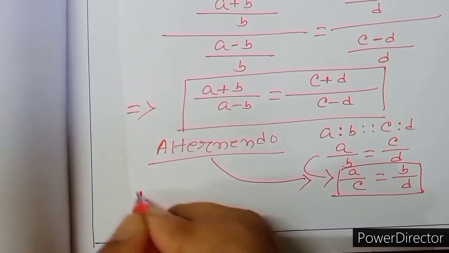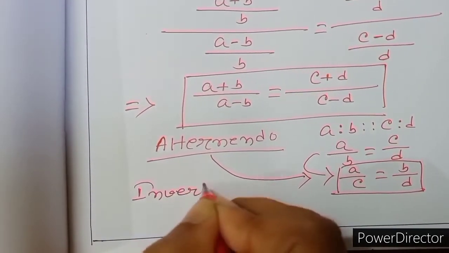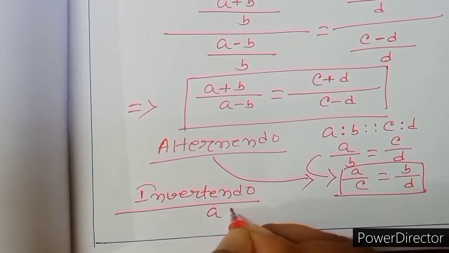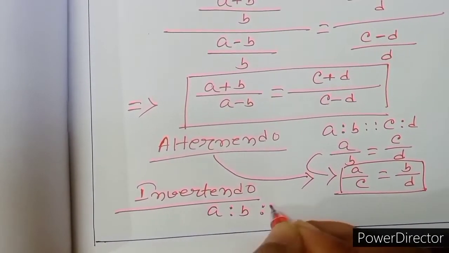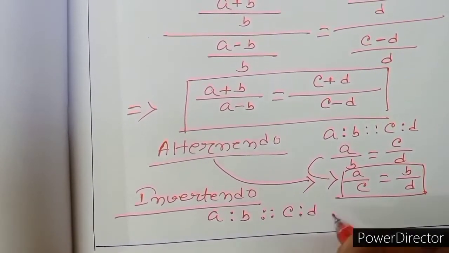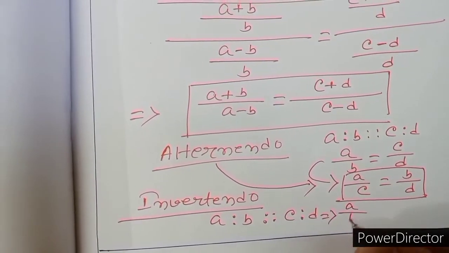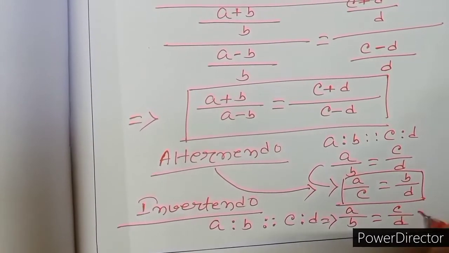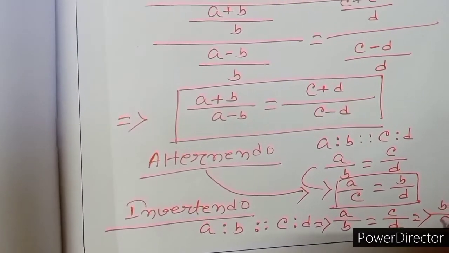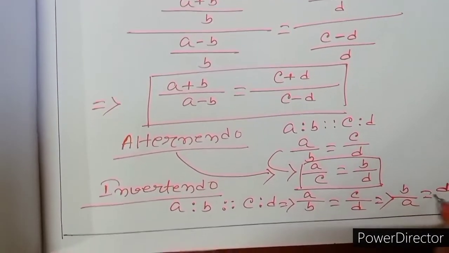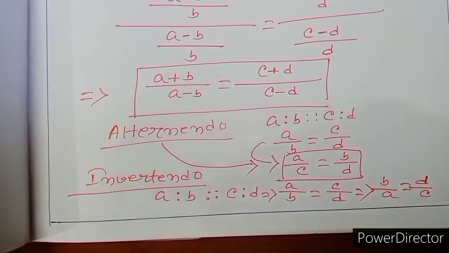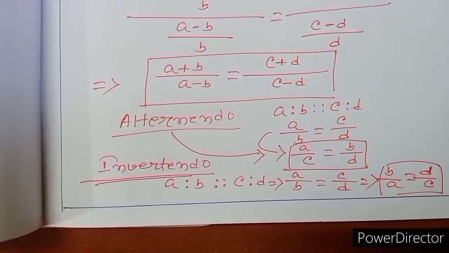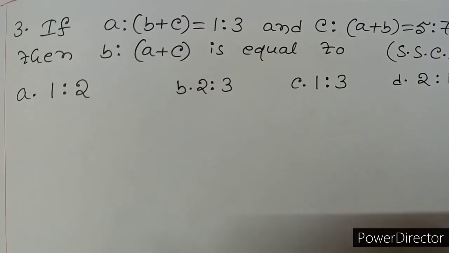And invertendo: suppose A is to B, C is to D, or we can write it A by B equal to C by D, or we can write it B by A equal to D by C. This ratio is called invertendo. Now we again do some math.